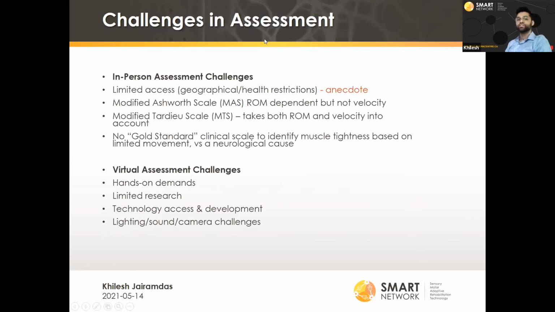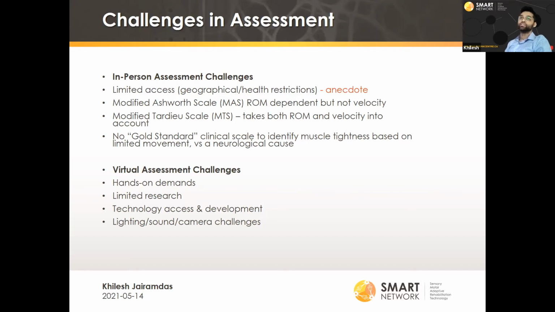In person, there are assessment challenges. One that we are finding out increasingly due to the coronavirus pandemic is just the access problem.